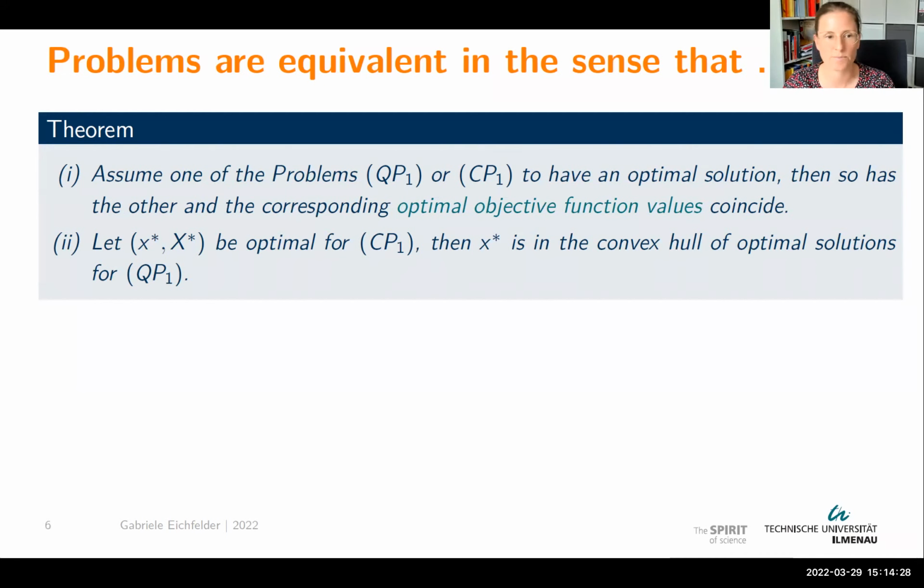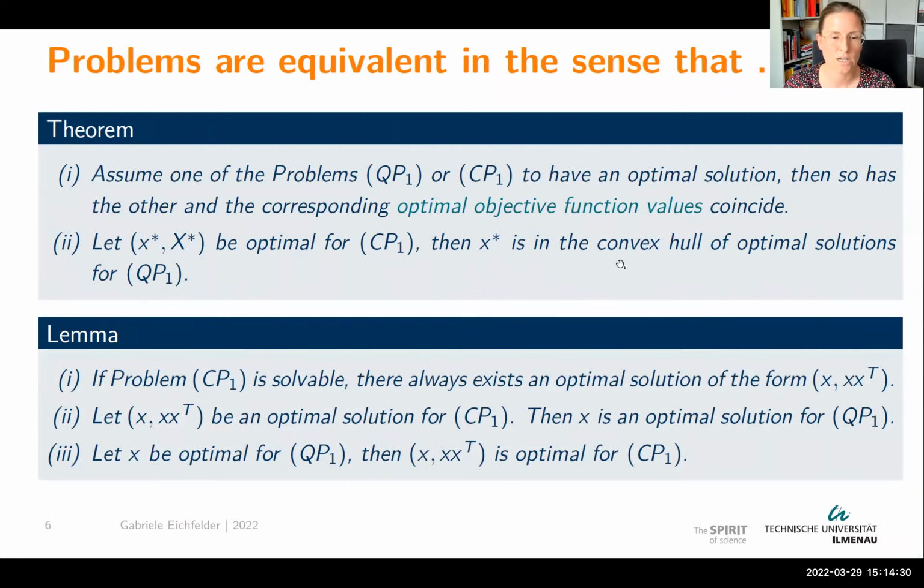We will even get some further, stronger results, which come now. So when you solve the relaxed problem, you might have a lot of solutions, and in the set of optimal solutions, you will always find solutions which are of this form, where the matrix part is in fact a rank 1 matrix. And if you take such a rank 1 optimal solution of your relaxed problem, where the matrix is a rank 1 matrix, then the vector of this pair is in fact an optimal solution of your original problem.